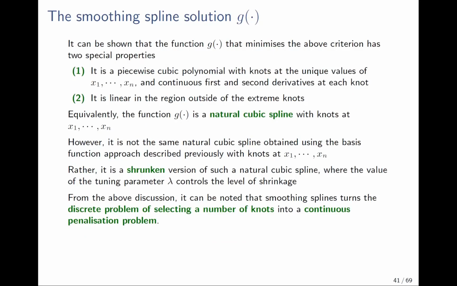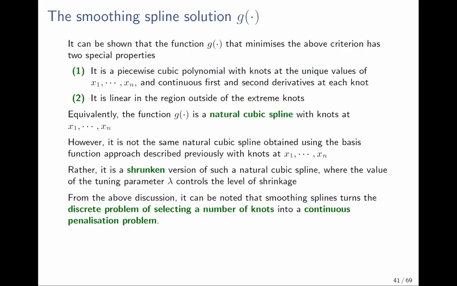Now it can be shown that the function that minimises the above criterion has two special properties, and we're not going to derive this formally because it's quite mathematically involved, and it's not what we're interested in here. The function that minimises the above criterion has two special properties.